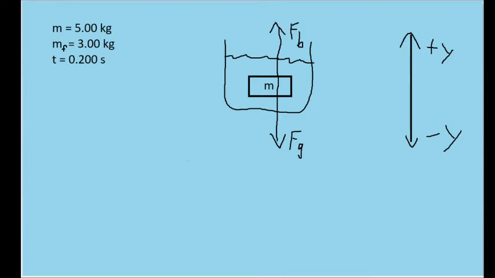So now let's set up a force equation. Because the buoyant force is acting upwards and is going to be the positive force here, I have written my force equation as the buoyant force minus the gravitational force, and that's equal to the total net acceleration of the object, whatever that is going to be.